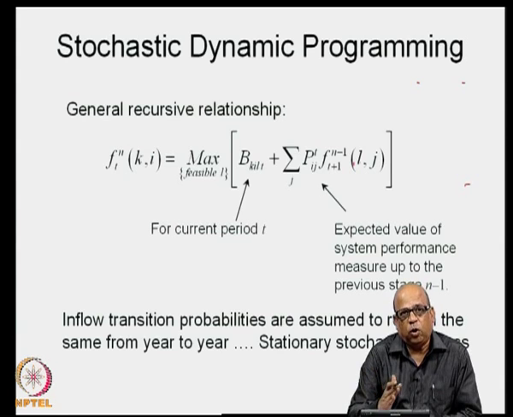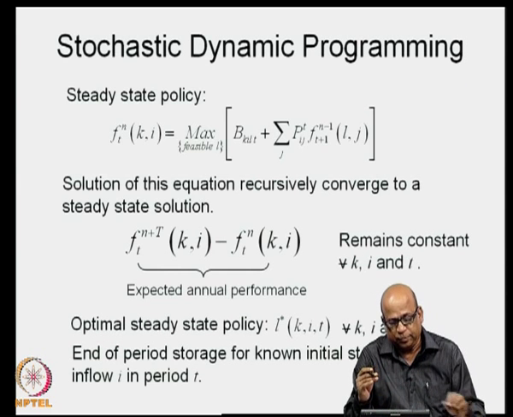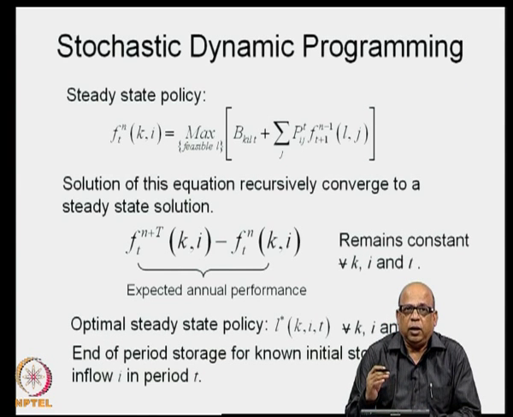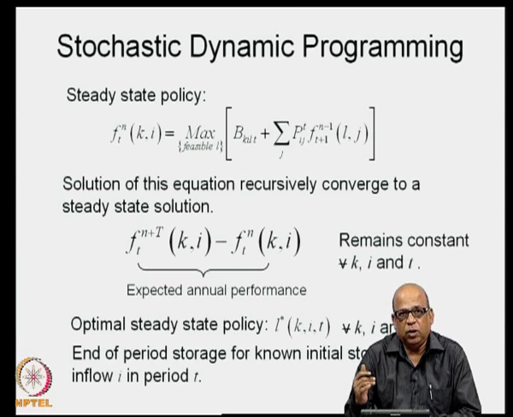Like this, when you solve this over a period of time, a stage will come in the computations when the annual expected system performance measure will remain constant. What do I mean by the annual expected system performance measure?